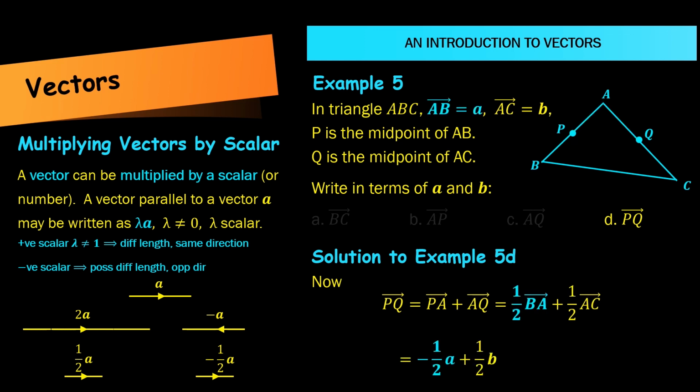Now since AB equals a, we have that BA equals minus a, and therefore half BA equals minus a half a, as shown. And since AC equals b, we have that half AC equals half b. And so our resultant vector is a half b minus a, as shown.